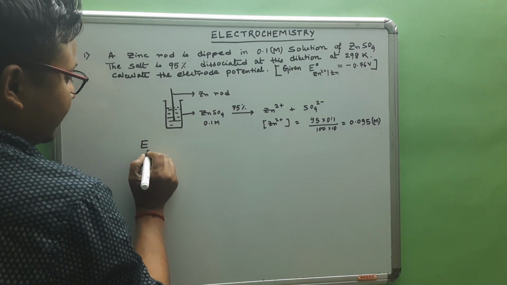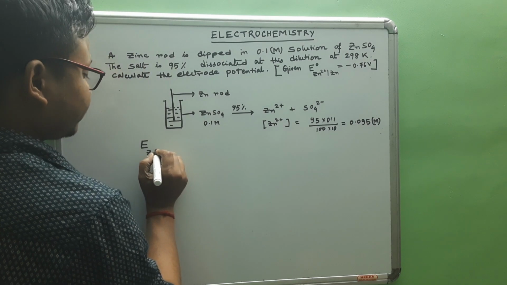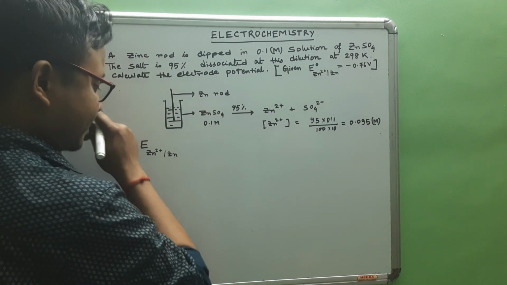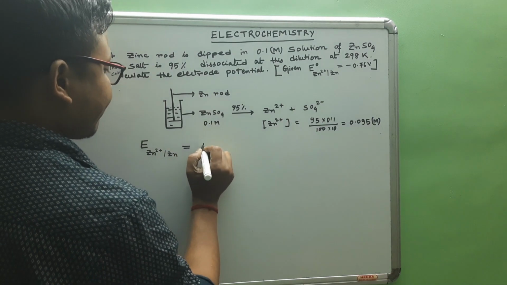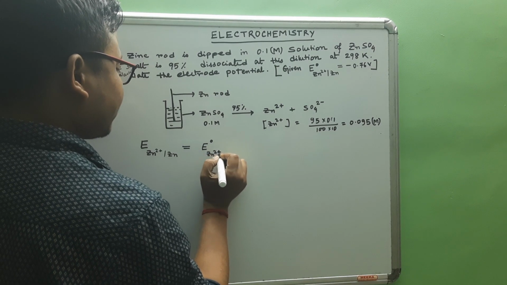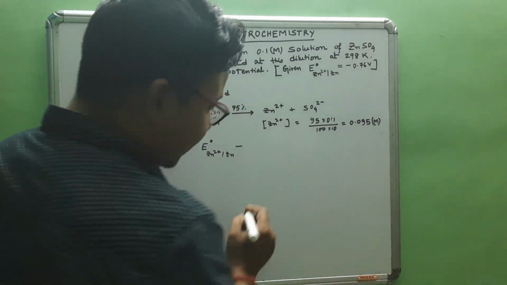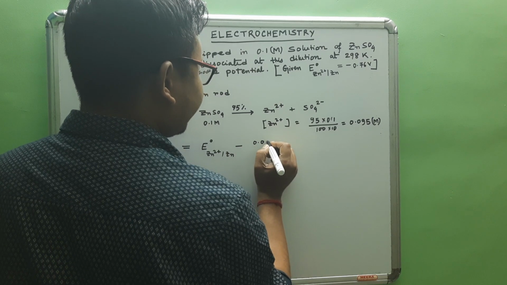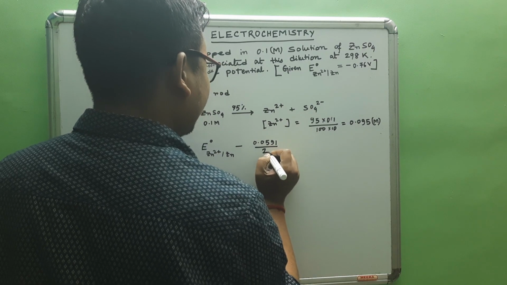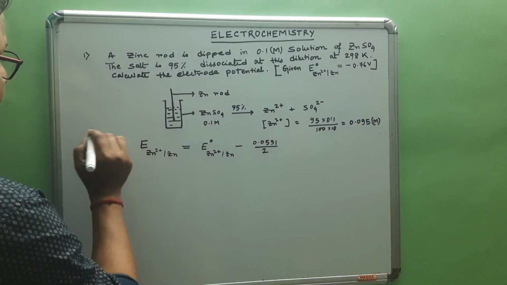So for the process, E of Zn2+ to Zn will be given as 0.0591 by 2, because the electron transfer here is 2.